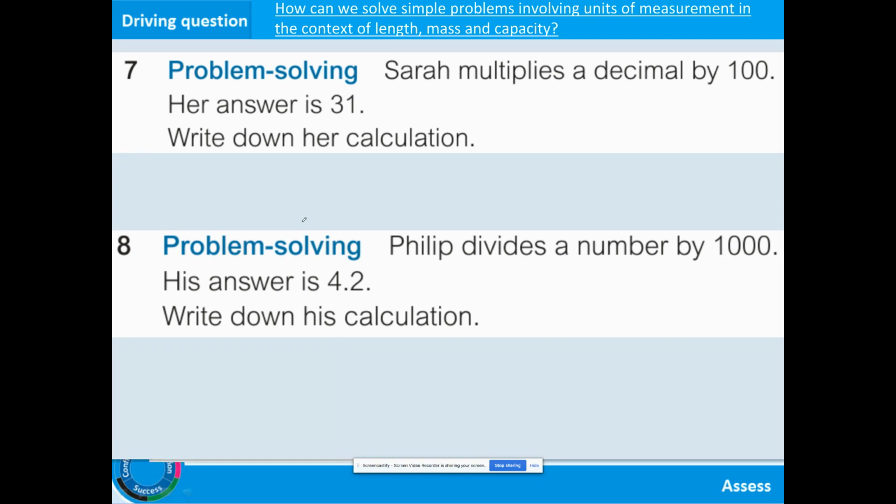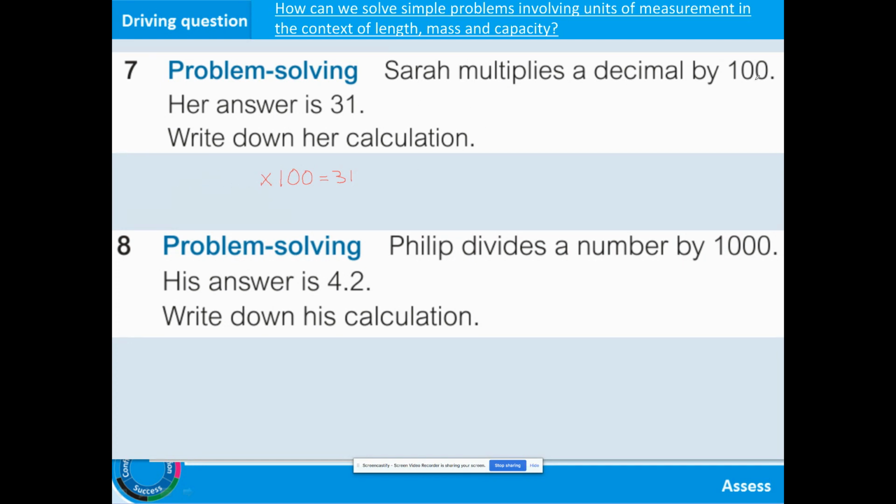We've got a problem. Sarah multiplies a decimal by 100. So she's multiplying by 100. I'm just going to write this down, what she's told me. And she gets an answer of 31. Okay, we need to work out what goes in front of that multiply.